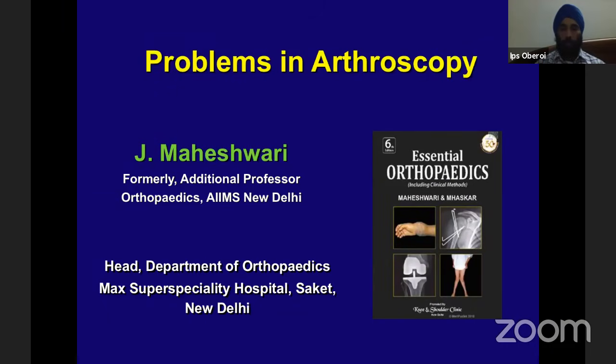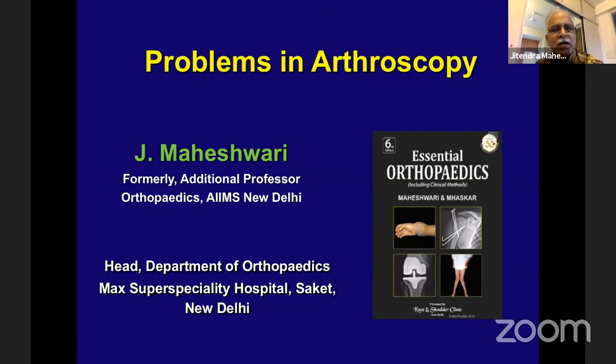In the last webinar, we did touch on what problems you can come across while doing arthroscopy. In the question answer, people did ask some questions which were probably okay at that time, but this time it is going to be in the shape of a proper talk where we'll try to cover what problems one faces when you start doing arthroscopy. The previous talk was about the basic things, the indications, what happens and all that.